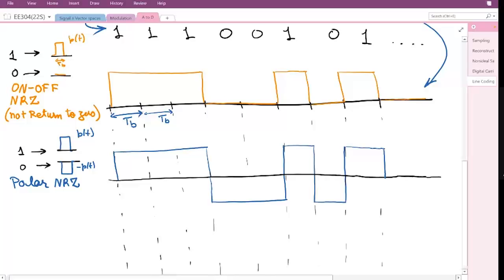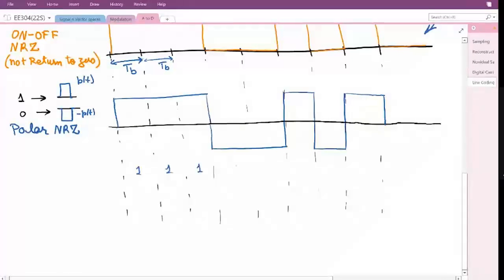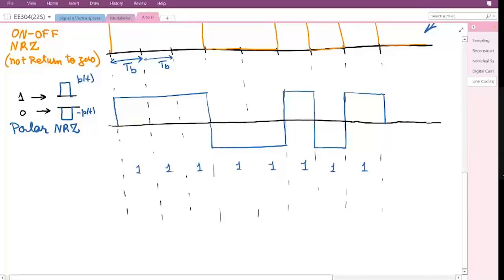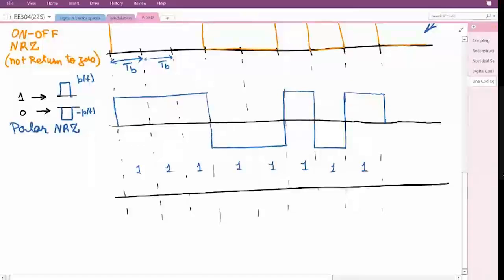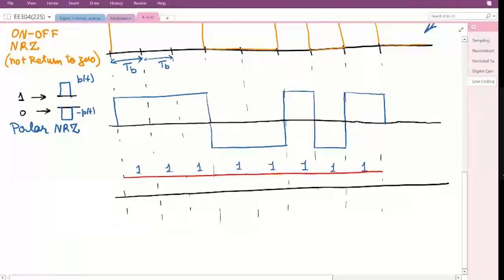So I'm saying, suppose we have a string of ones, if the input is one, one, one, one, one, one, one, one, like this. So the input bit sequence has complete ones. In that case, how is the line coded signal going to be? The line coded signal will be nothing but just a constant DC value at one value, yes or no? Yes, sir. Because the channel itself is somewhat dispersive, there will be delays as well.